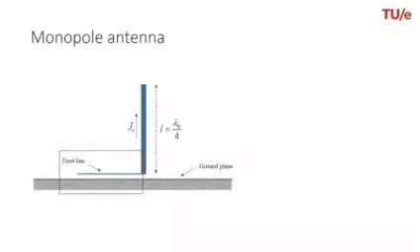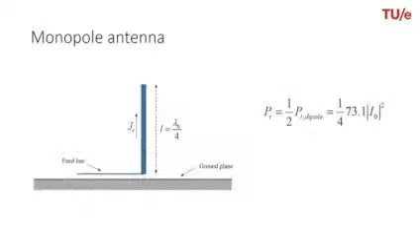That means that if we integrate the fields over a sphere, we only integrate over a half sphere, and that also means that the total radiated power will be half of the total radiated power of a half wavelength dipole, and that's indicated here. So substituting that in the expressions for the directivity first and for the radiation resistance, we find that the directivity is twice as high, so 3.28.